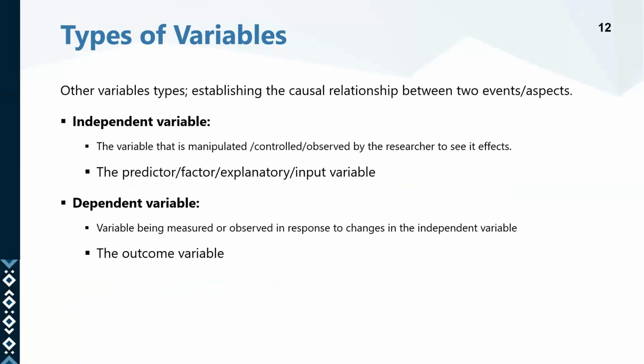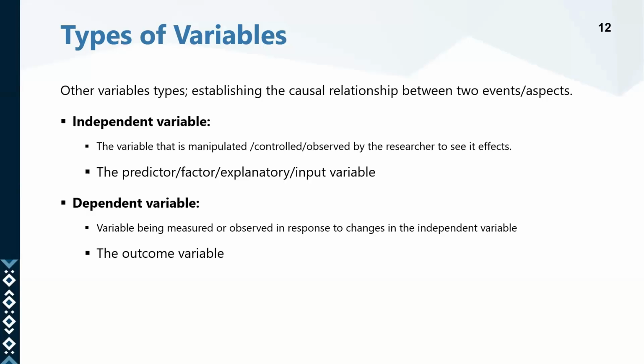So the other types that we can possibly see are the independent and the dependent variable. Although this is more of inferential statistics, we are just going to mention it, that when we want to establish the causal relationship between two events, we have to also talk of this independent and dependent variable, whereby the independent variable is just that variable that depends on the observer.